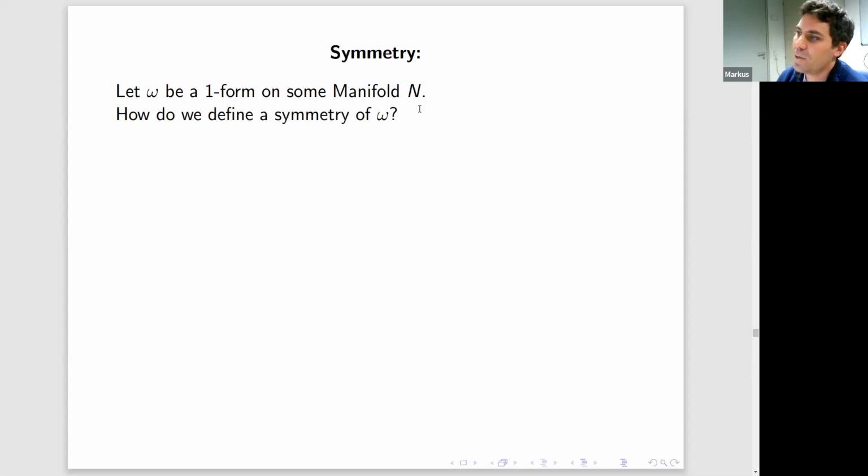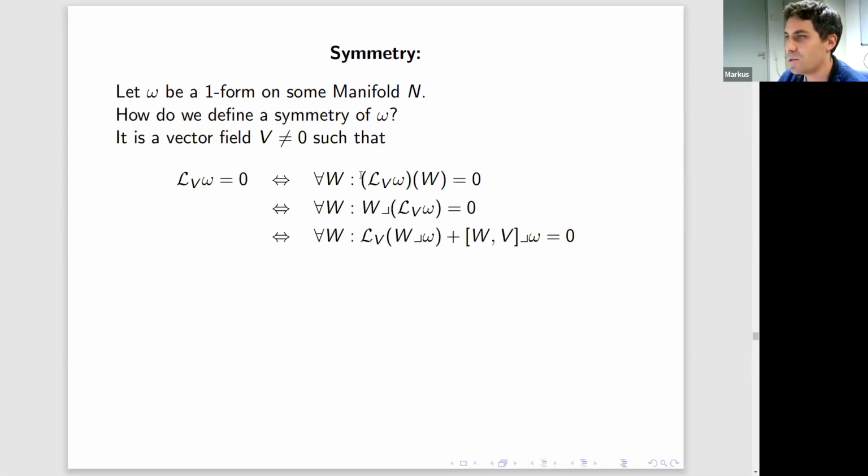And then the question arises, how do we define the symmetry of a one form? And the most obvious thing one could probably do, you define it in such a way, when the Lie derivative of some vector field v of omega vanishes, then this v will be a symmetry. I mean, v should not be equal to 0, but this is kind of clear.